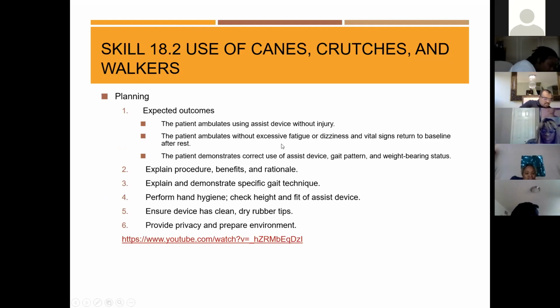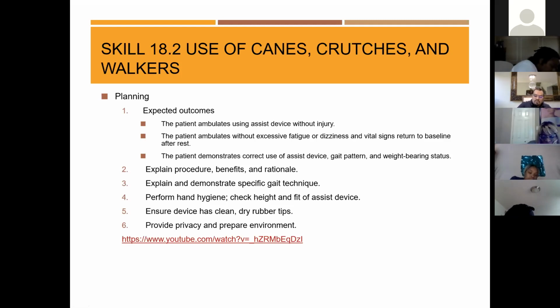What's our expected outcome if we're using any of these assistive devices for our patients? That they use it without falls or hurting themselves. Yes, that is number one. We want them to be able to use it without any injuries.